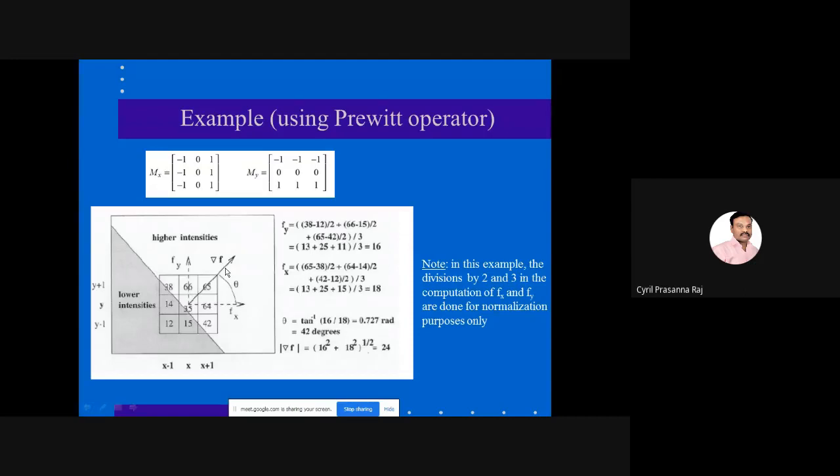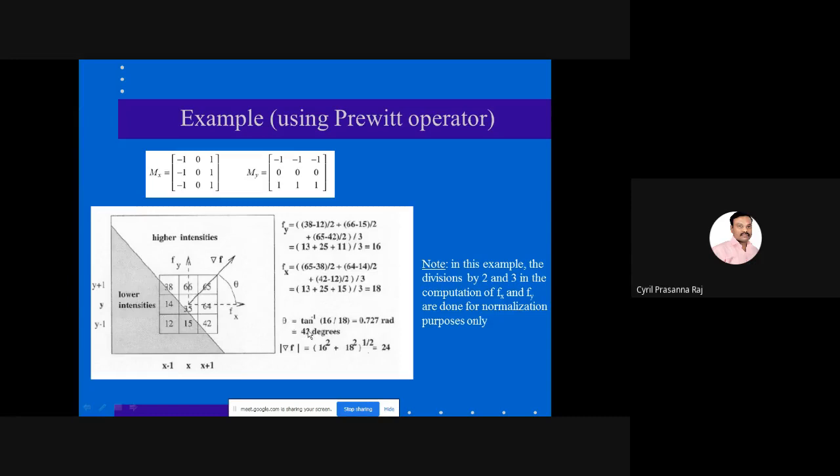So let me make it very clear. If you get the angle and it is equal to 42 degrees, the point is at the 35 pixel. We are trying to understand the process. You are now telling that the angle is 42 degrees.